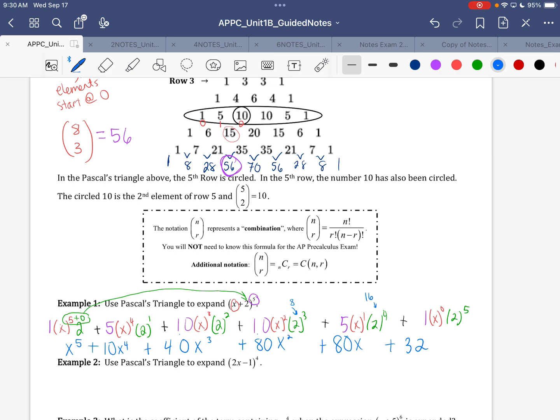It's multiplying, just like how we had 5 times 2, right? So it's just like it's part of the multiplication.